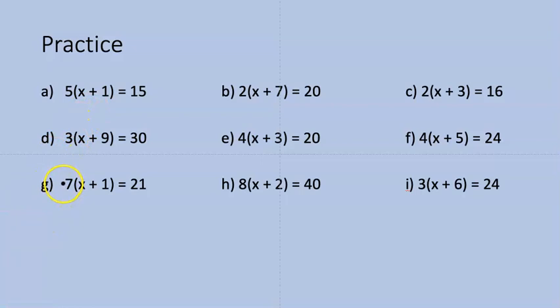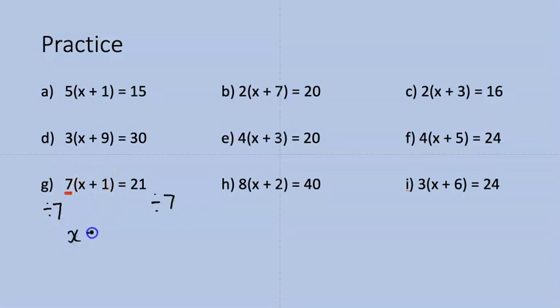Okay, now I'm going to go through the answers. But before we do, I'm going to go over, just for G specifically, how you could solve it even quicker. So I've got 7 multiplied by x plus 1 gives me 21. If I divided both sides by 7, 7 divided by 7 gives me 1 lot of this bracket.